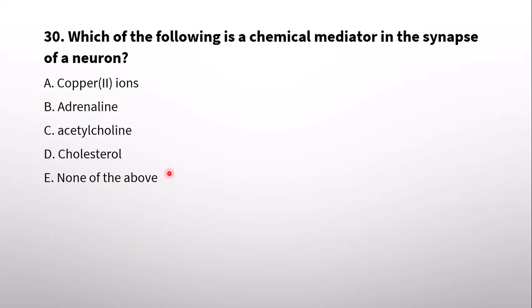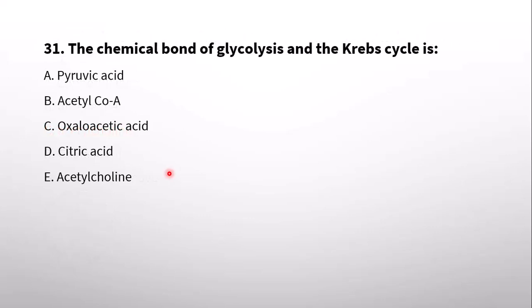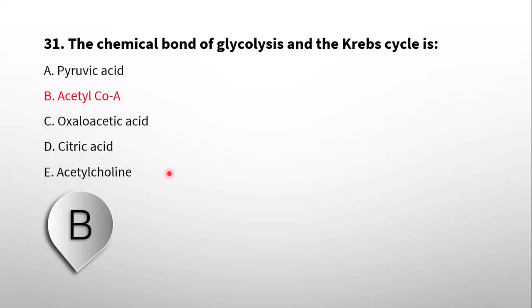30. Which of the following is a chemical mediator in the synapse of a neuron? Acetylcholine. Yeah. The chemical link between glycolysis and the Krebs cycle is acetyl-CoA. Remember, the product of glycolysis is pyruvic acid. Pyruvic acid undergoes dehydrogenation, yes, oxidized actually, and decarboxylated to form acetyl-CoA.